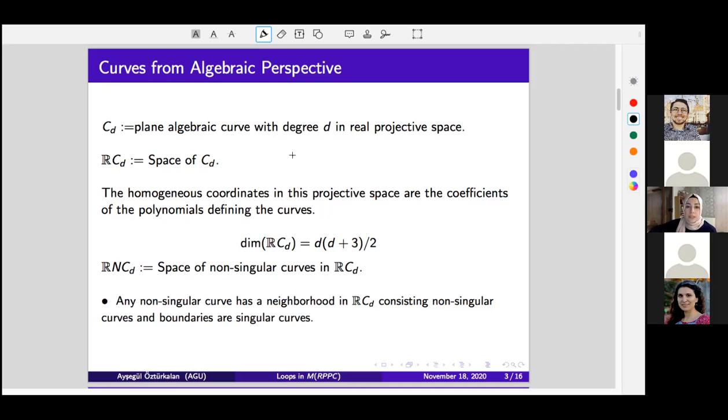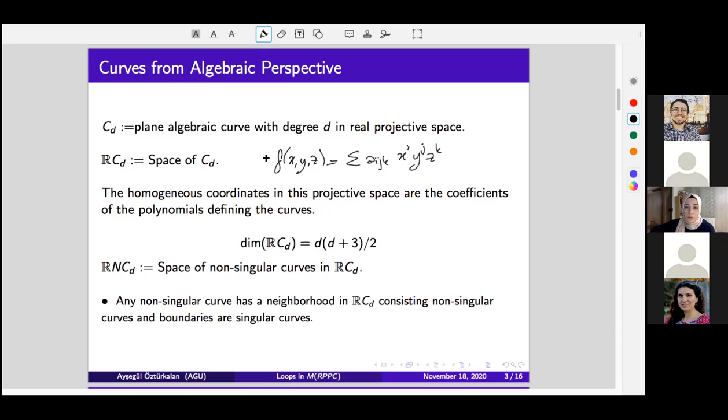By C_d, I'm talking about f(x, y, z), of course in projective space, so it will be homogeneous coordinates. It is the sum of a_{ijk} x^i y^j z^k, and of course i plus j plus k gives us d.